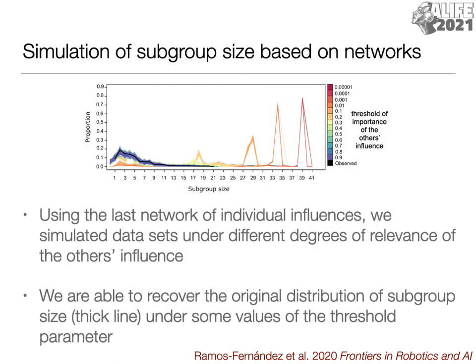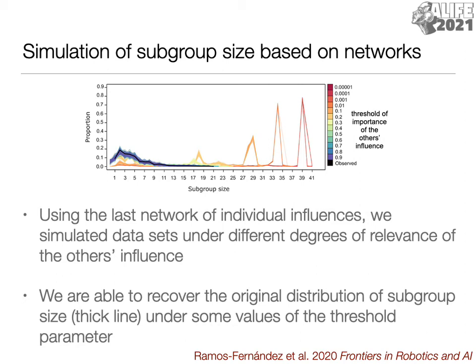With those networks, we simulated new data sets of subgroups that resulted from those same attractive and repulsive interactions, assuming different levels of relevance of those influences based on a threshold parameter. For some values of the threshold, we recover the original frequency distribution of subgroup size, which suggests that a potential way in which subgroup size can be adjusted to a dynamic environment is precisely through the individual decisions on whether to leave or join a subgroup, depending on the presence of others.